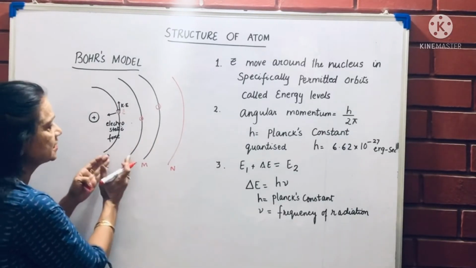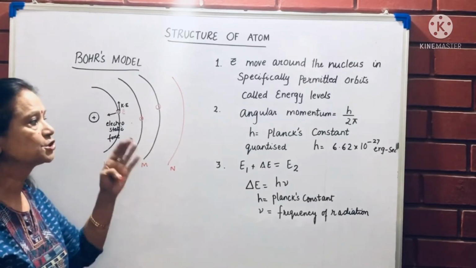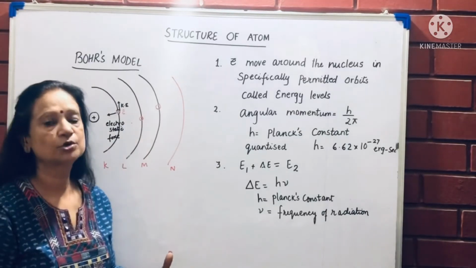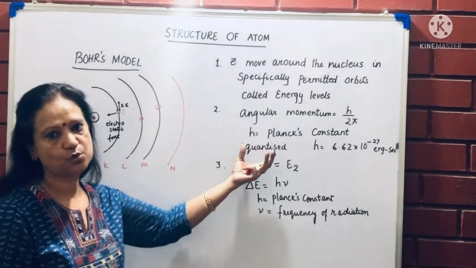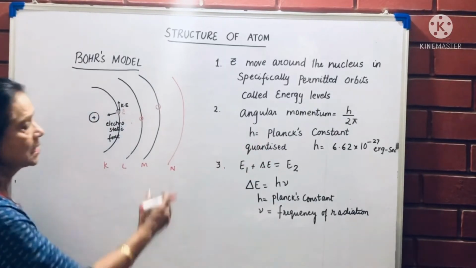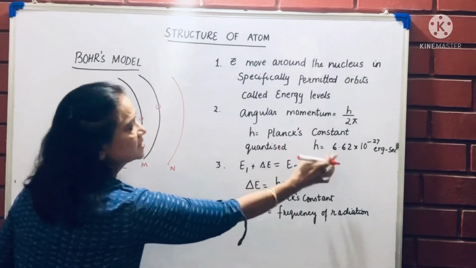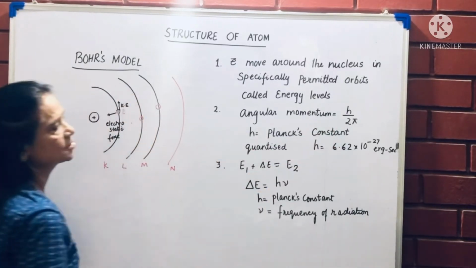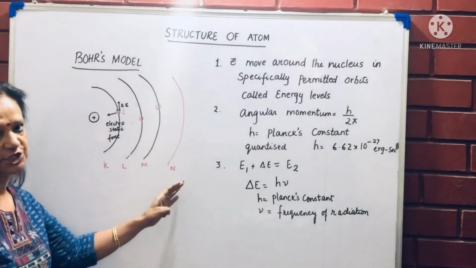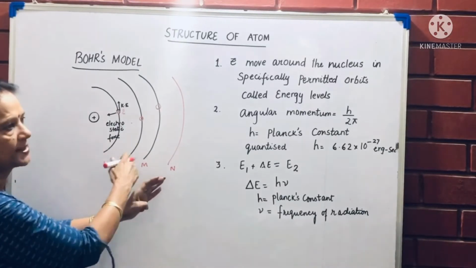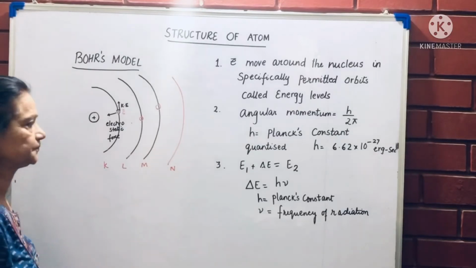So when it is in a particular shell, it should have a fixed, quantized amount of energy. So the energy is quantized, where h is Planck's constant. So h upon 2 pi is the unit of angular momentum of each shell, multiplied for the first shell, second shell, third and so on.